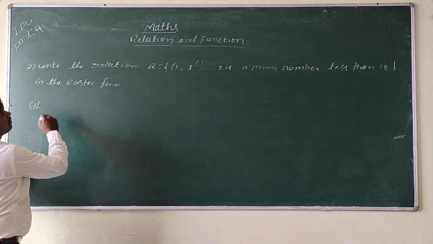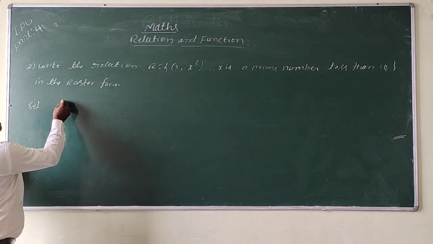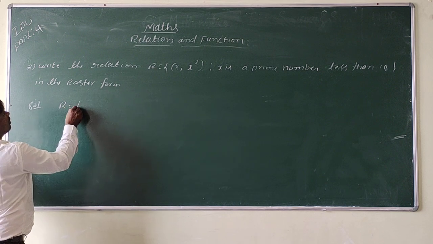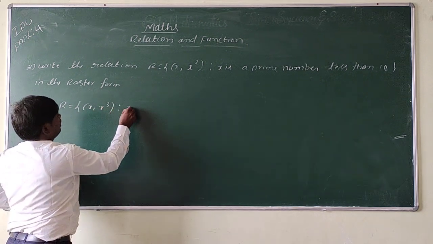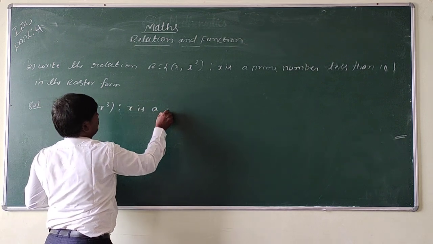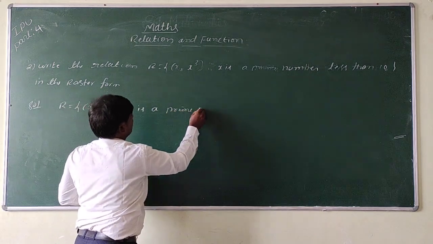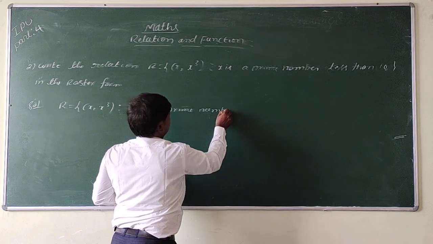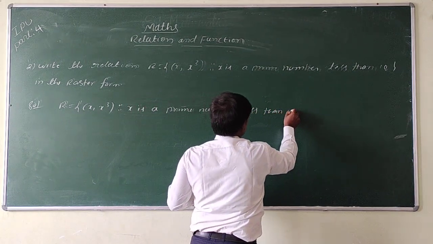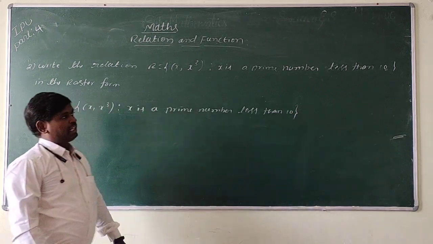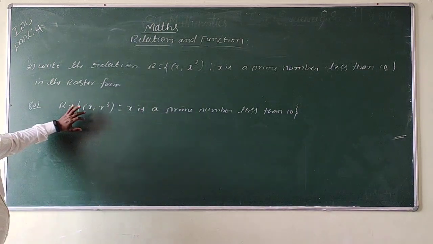Solution. So here R is equal to x comma x cube such that x is a prime number less than 10. See here, the given problem is in the form of the rule method.